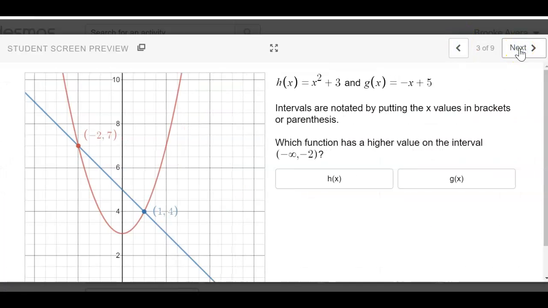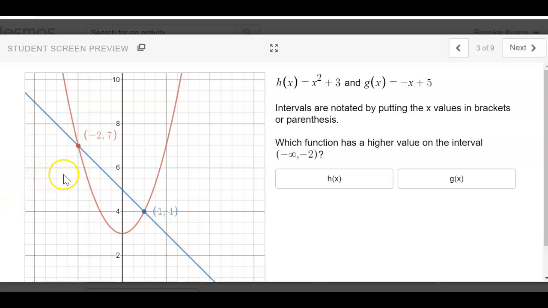I'm just going to do a random one of these. Let's do this one. So you're going to know the answer to slide 3. We want to know which one has a function that is a higher value on the interval negative infinity to 2. So we want from negative infinity, and remember these are just x's. So we're looking across, right?